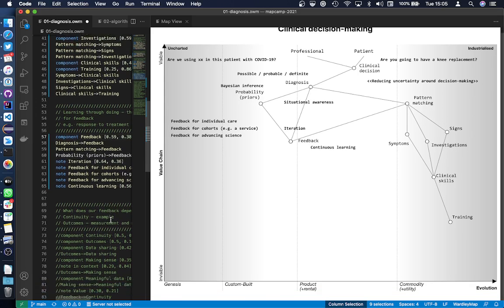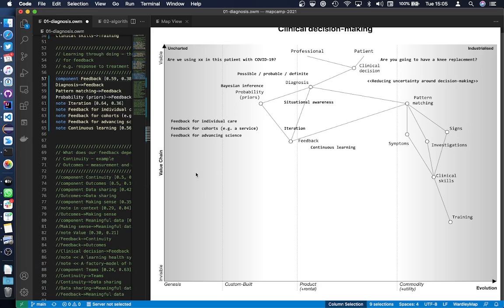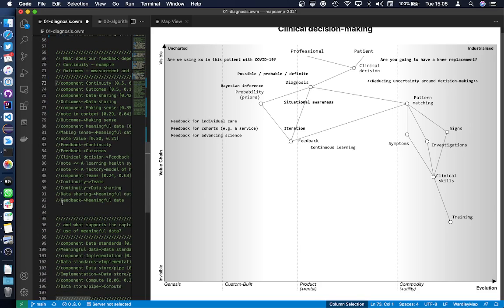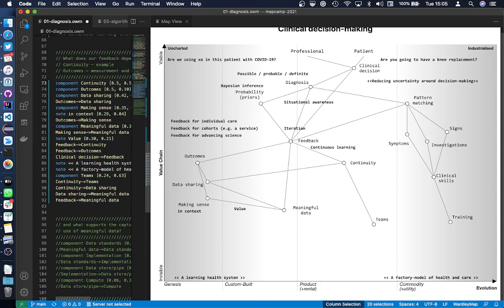So what do we need for our feedback loop? So we've got feedback here. And so if I just expose the next set. So for continuous learning, we need continuity, and that is often neglected in trying to reduce healthcare to something that's really reductionist.